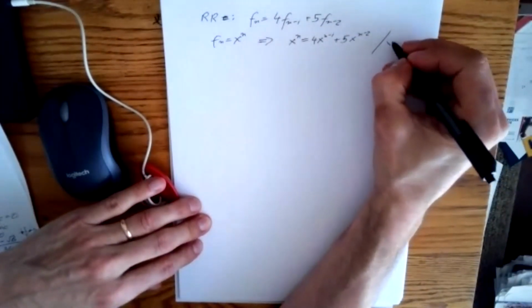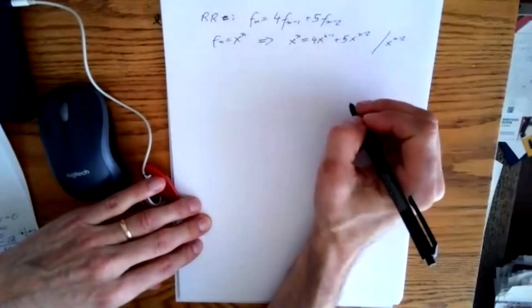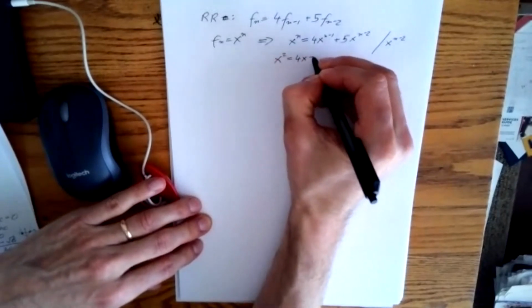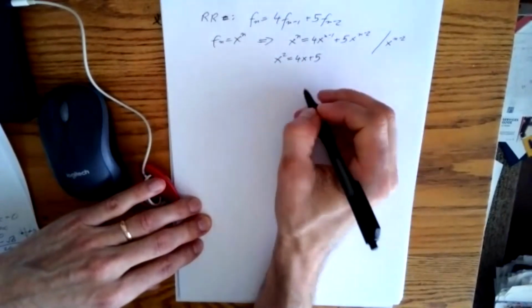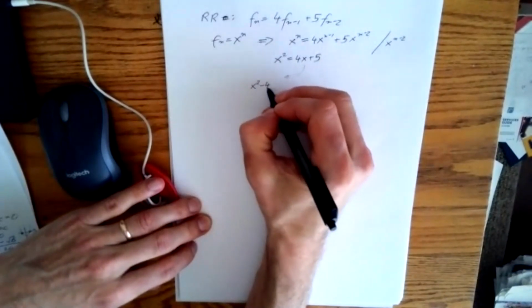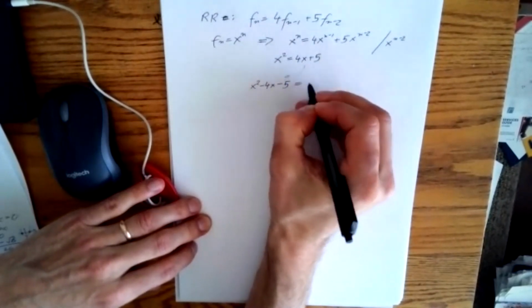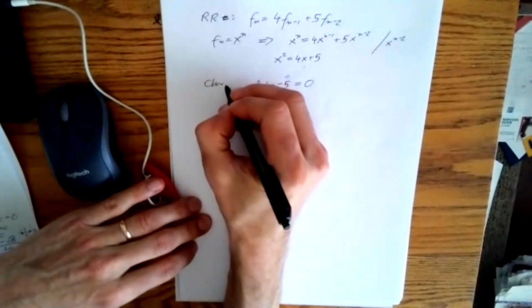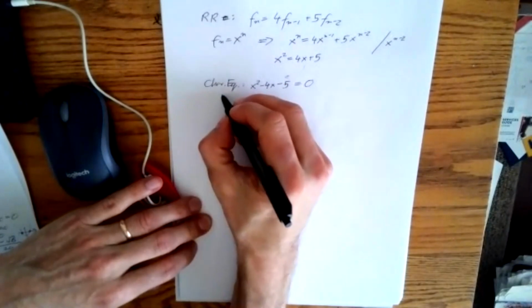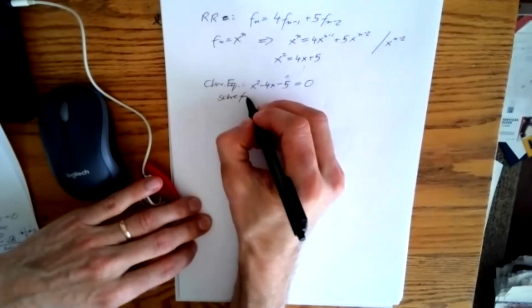Then you divide by x to the n minus 2. What remains? x squared is 4x plus 5. And then you move to the other side to get the characteristic equation. So this is the characteristic equation for this recurrence relation. And now solve for x.